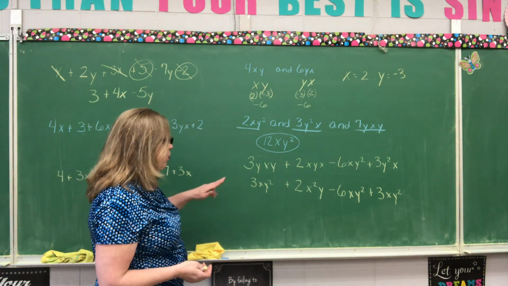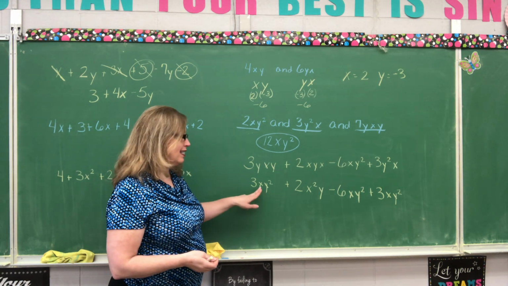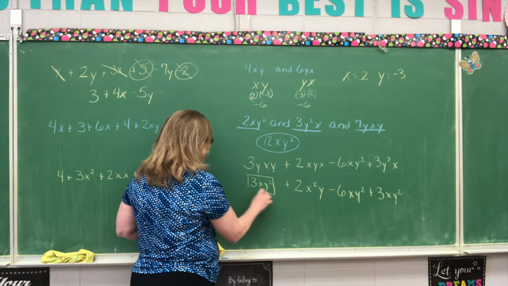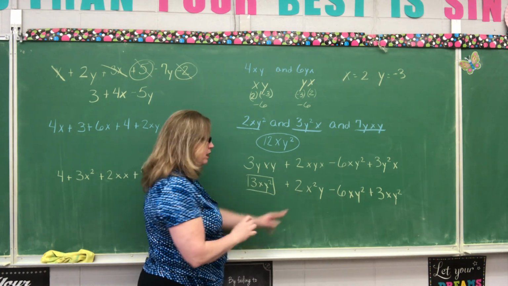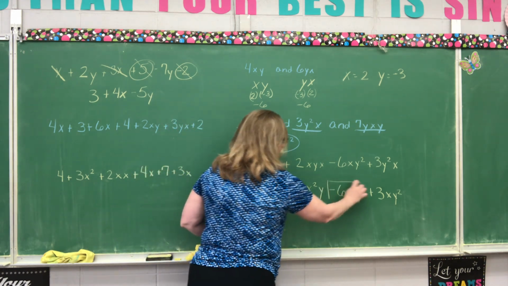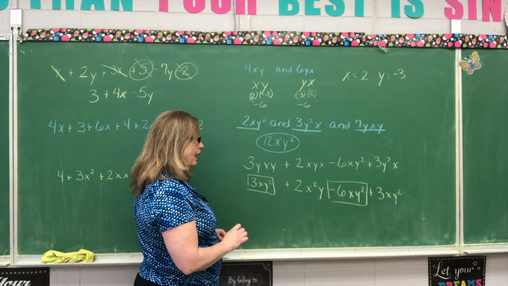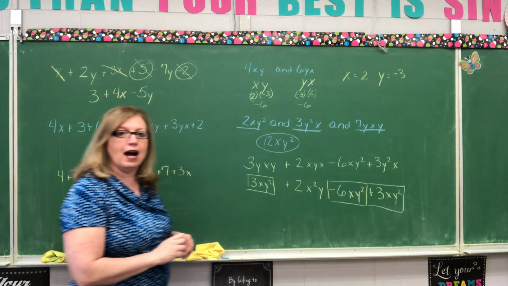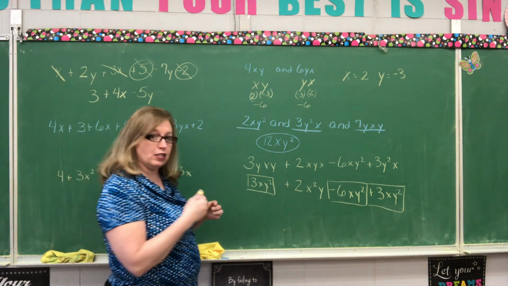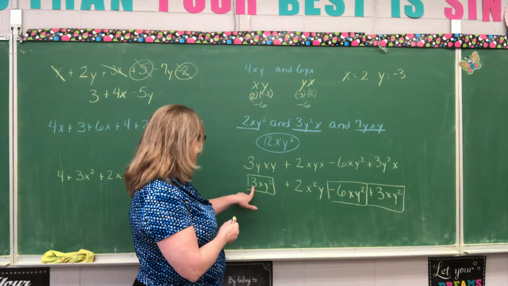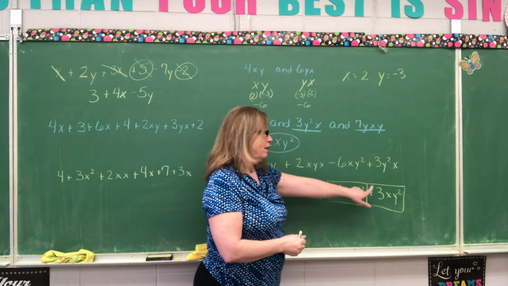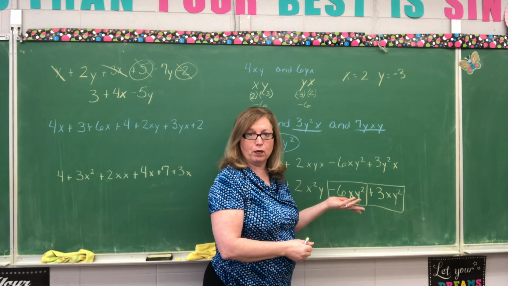Here we go. We're going to now look for the ones that look exactly the same. xy squared. Well, that's this one. It is not this one. It is this one, okay? And it is the last one, okay? Now, using their signs, the sign goes with the coefficient. So we have 3 minus 6 gives us a minus 3, plus 3 gives us 0.